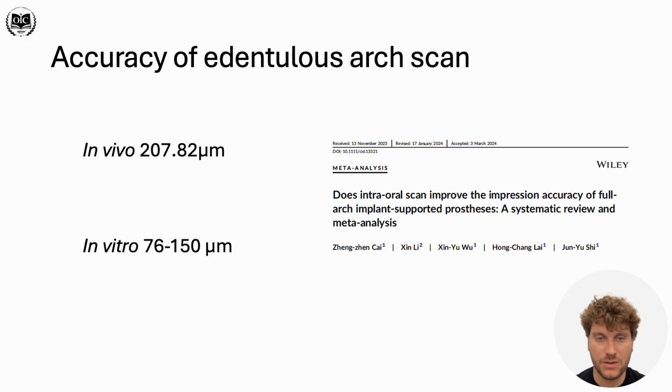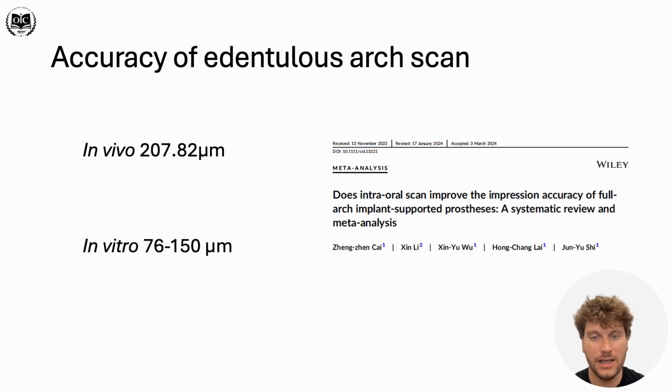These are quite large deviations, and I would say that 50 microns is considered to be the threshold at which we can see the misfit of the prosthesis, if the gap between the implant platform or multi-unit abutment platform and the prosthesis is more than 50 to 100 microns.